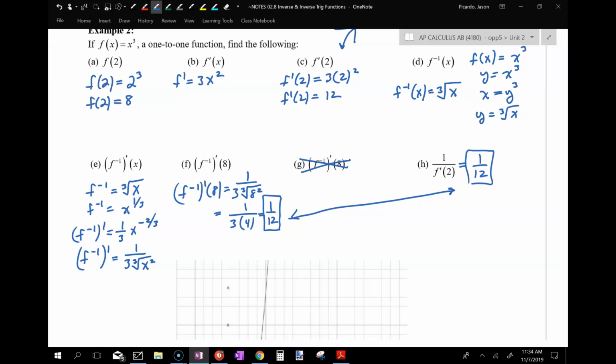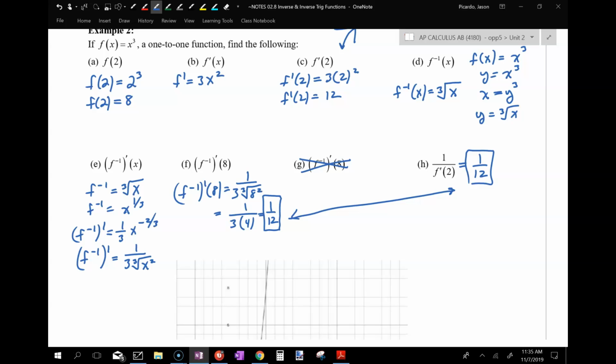Then what do we do in the next step? We found our equation for our inverse, right? And then what did I actually do in this step? I plugged in 8, and I got an answer of... actually, hang on. One more thing I want to do first. If I go to this blue curve and I go to 8, where am I? I'm at 2, right?